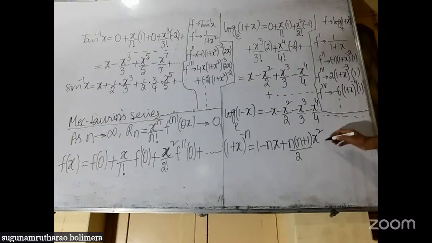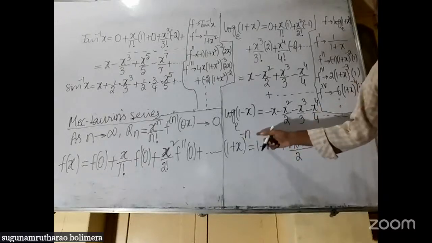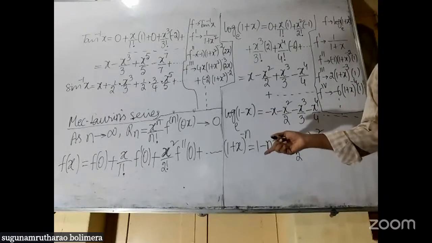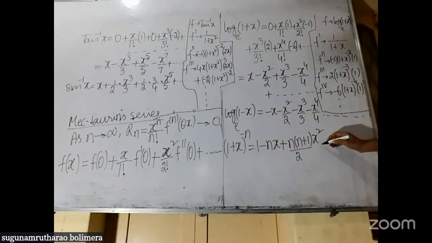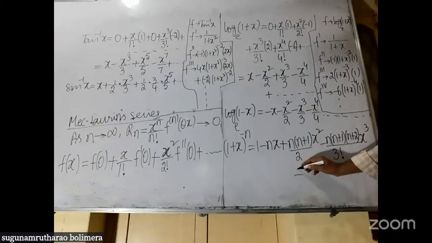The next one will be the third derivative, minus n minus 1 into minus n minus 2. So you will be getting obviously minus n into n plus 1 into n plus 2 by 3 factorial into x cube, plus so on.